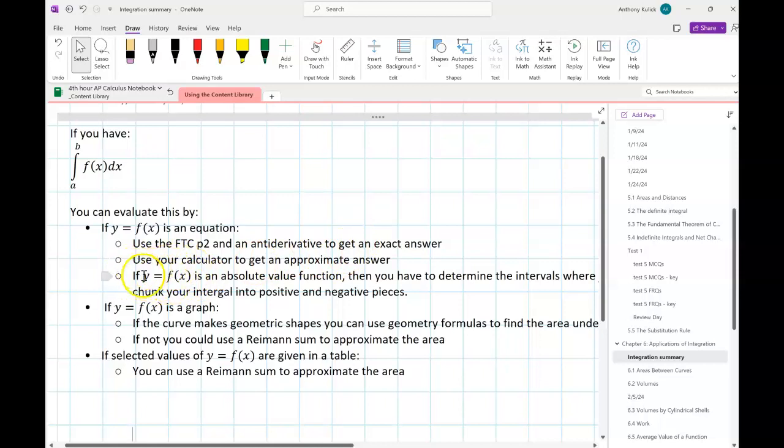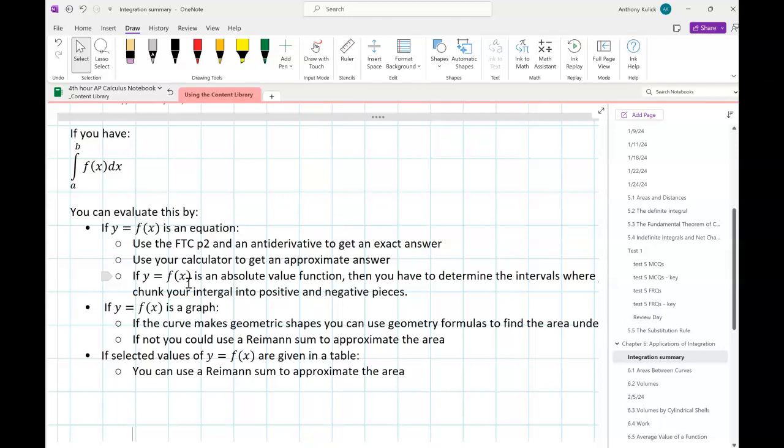If you have an absolute value involved, remember, you have to chunk that. You have to find out where the function becomes positive and negative, and then break your integral up into the positive piece and the negative piece. Whether you put a negative sign in front of the negative piece or you find the answer and make it positive yourself, it has to be chunked into those pieces.